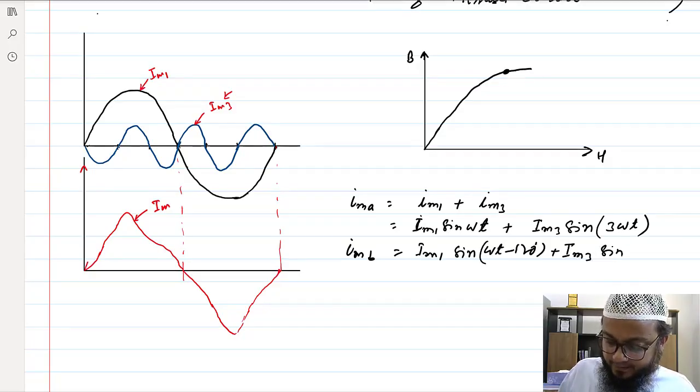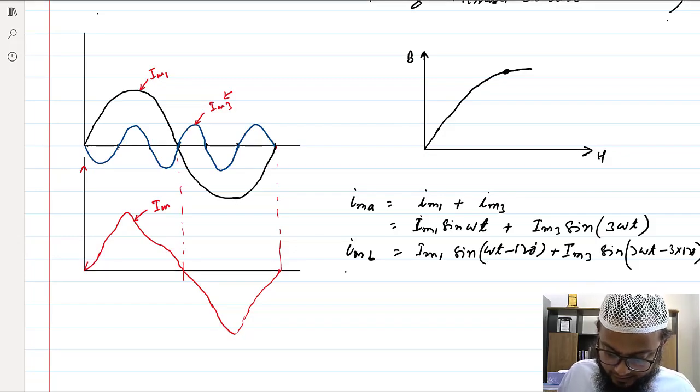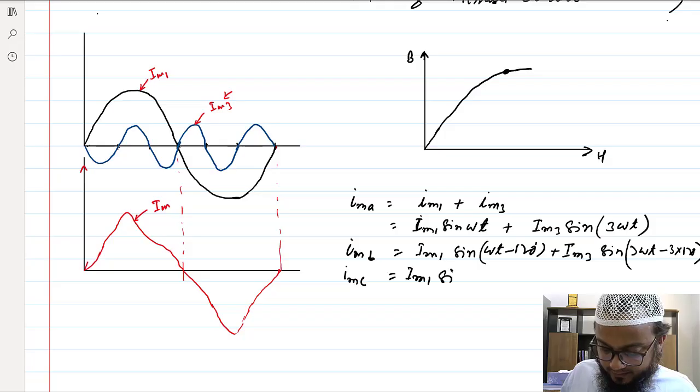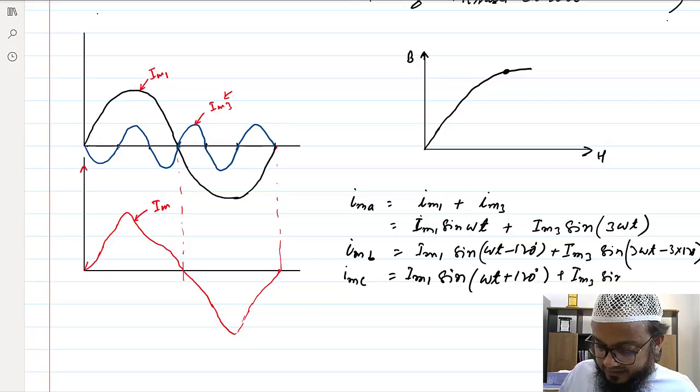Plus IM3 sine 3 omega t minus 3 into 120 degrees. And IMC would again be IM1 sine omega t plus 120 degrees, and IM3 sine 3 omega t plus 3 into 120 degrees.